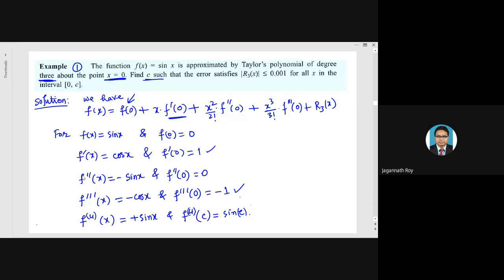Now find the value of C such that the error satisfies R3 of x bounded by this relation. That means the error cannot be more than this in this interval. So let us calculate.